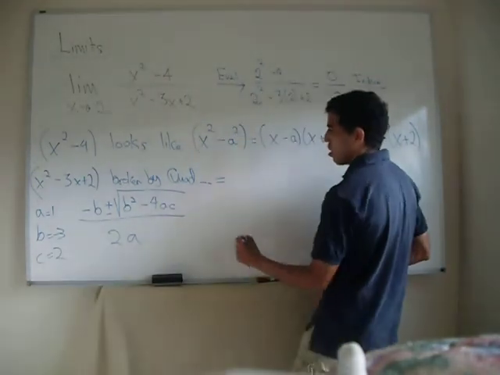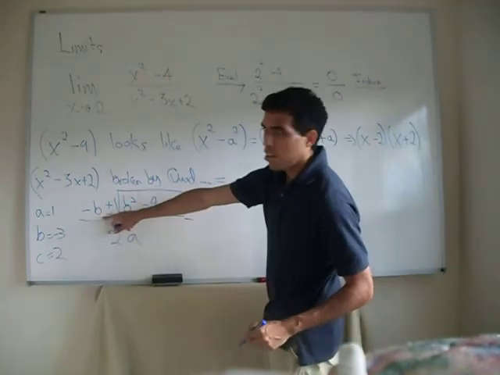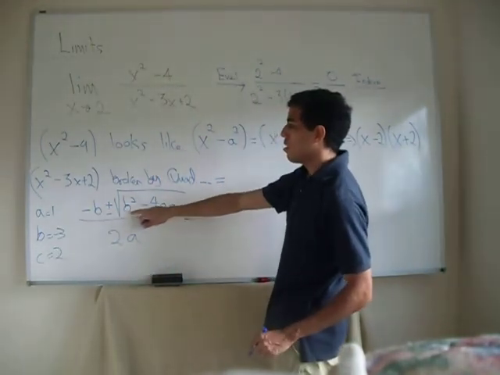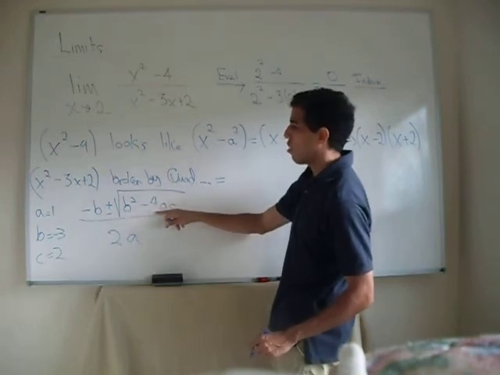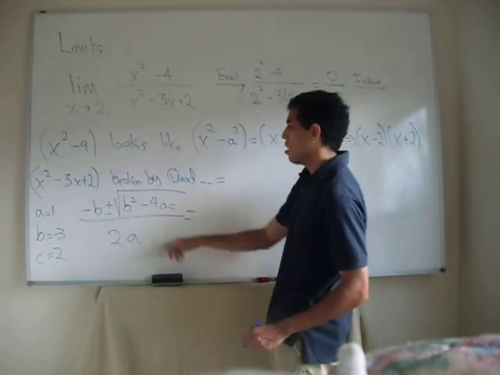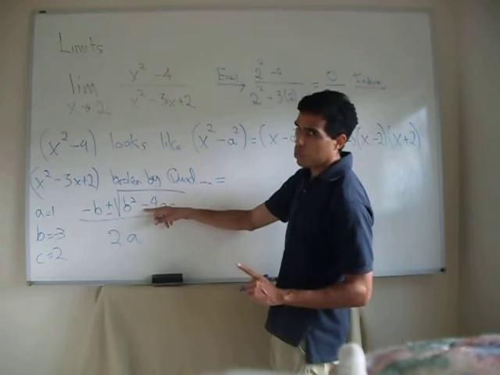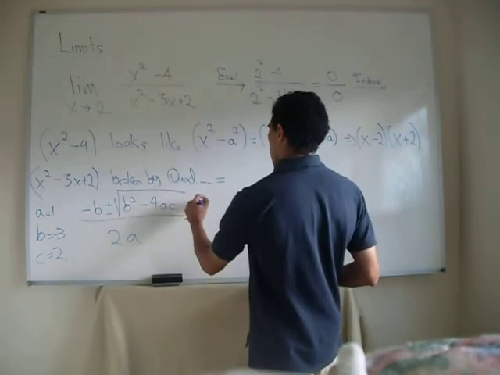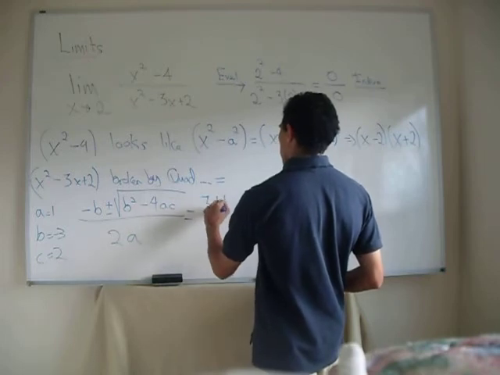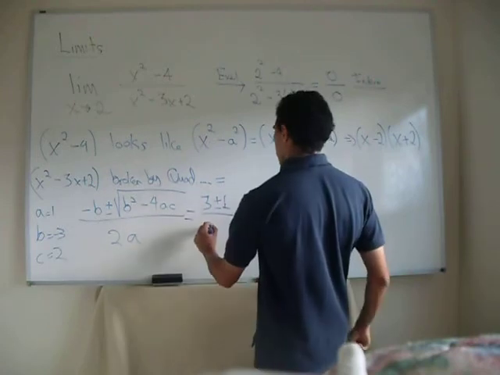So, when we solve this, we're going to have 3, minus times minus is 3, plus minus square root of 9 minus 4 times 1 times 2, which is 8. Okay? And then we have 9 minus 8, 1, and the square root of 1 is 1. Okay? So, we have 3 plus minus 1 over 2 times a, which is 2.